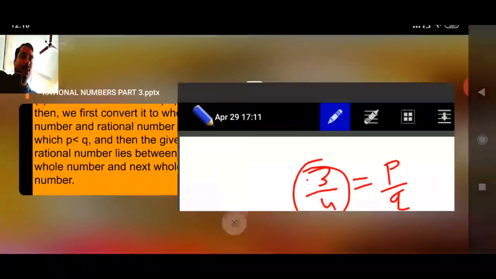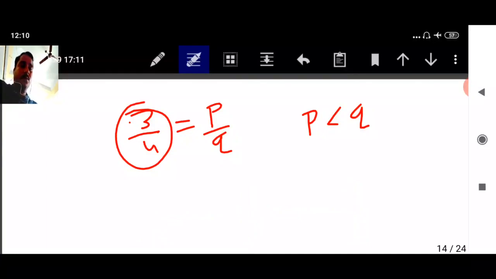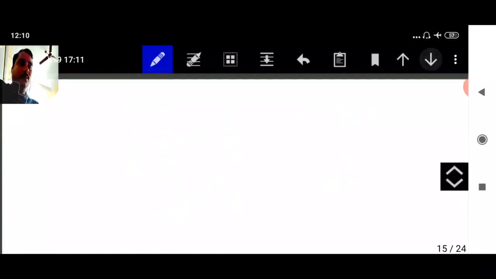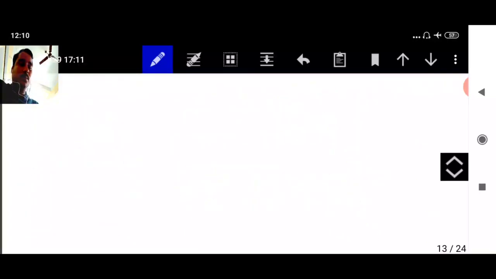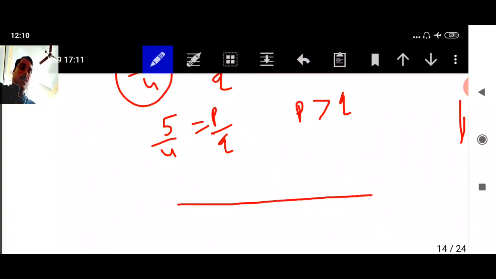Means if p by q, p is greater than q, like 5 by 4, here p is greater than q, so the number lies between the whole number and the next whole number.